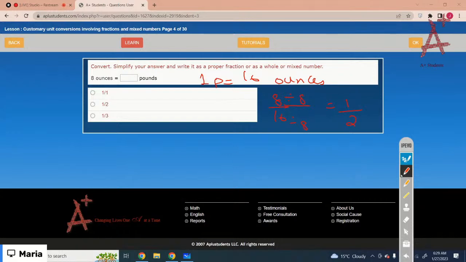That means 8 ounces is half of a pound. Got it?